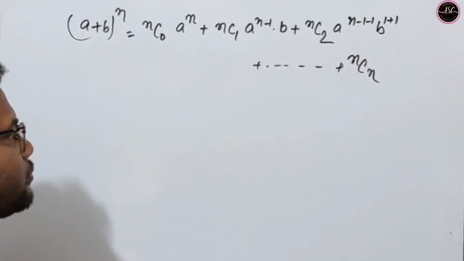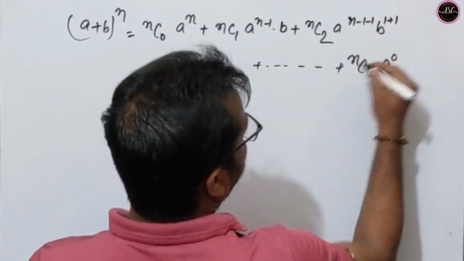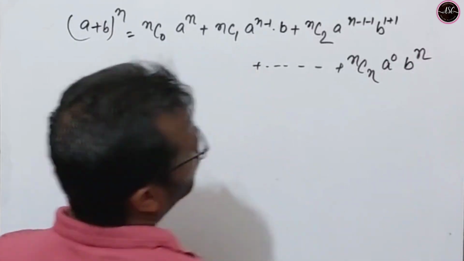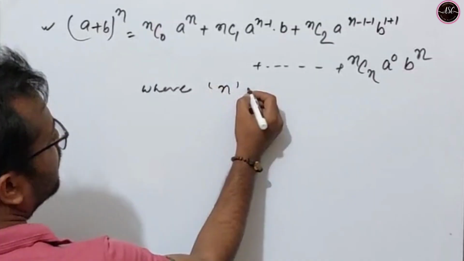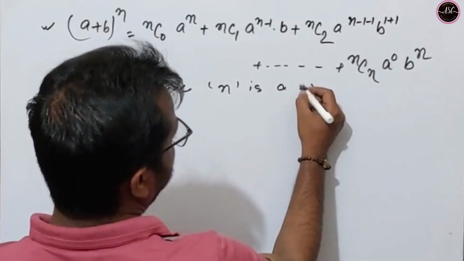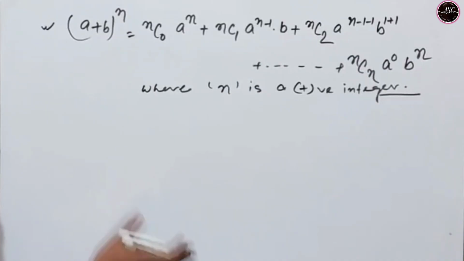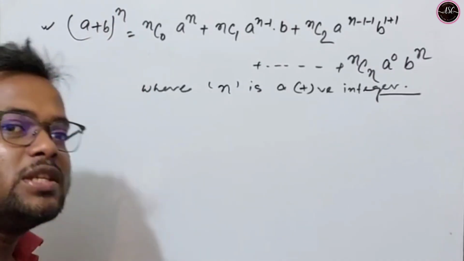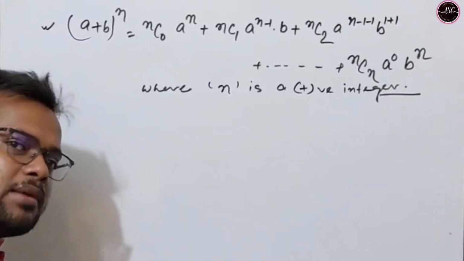There the power of a equal to 0 and the power of b equal to n, where n is a positive integer. In this chapter we will find this expression when n is a positive integer, for all positive integer values of n.